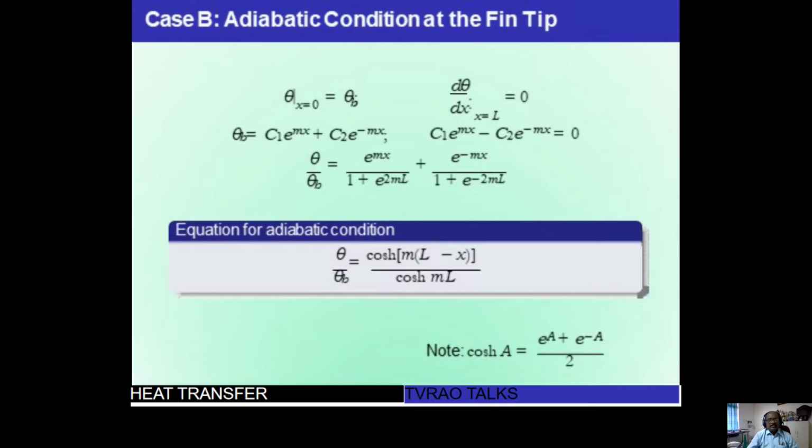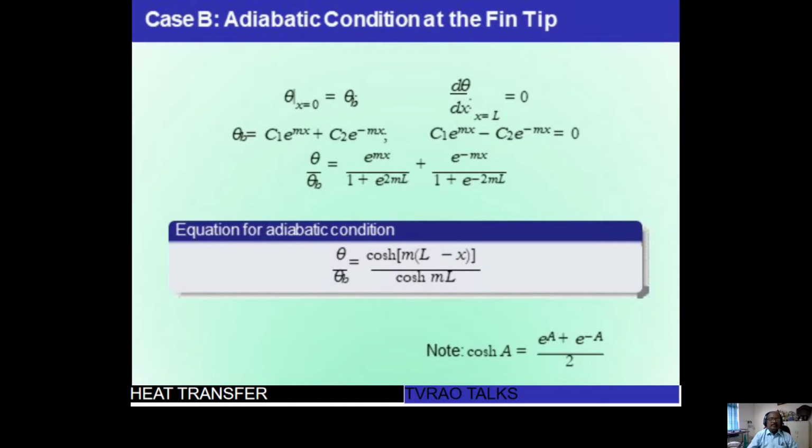This equation we can write as a hyperbolic equation, that is theta by theta naught equal to cosh m into L minus x by cosh mL. So this is the temperature distribution equation for the insulated fin or adiabatic condition at the fin tip.